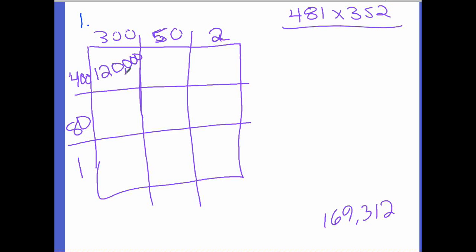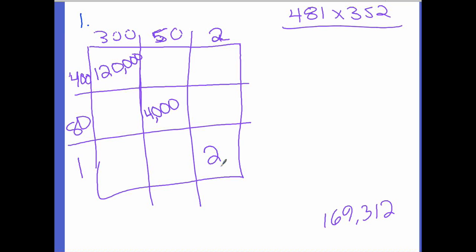And then going to do 80 times 50, which is 40. And then you're going to add the 2 zeros. And then 1 times 2 is 2, and you're going to do that lot.